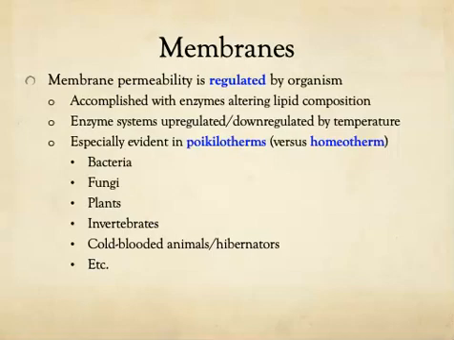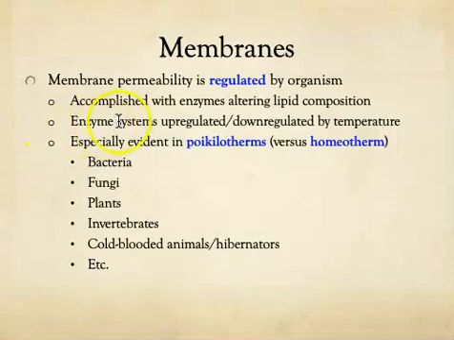It's regulated. And that means that when certain conditions are occurring around the membrane, enzyme systems can be either increased in their activity or decreased in their activity, and those enzymes can alter the structural features of the membrane.